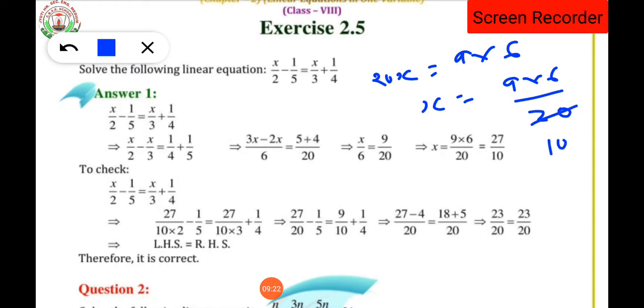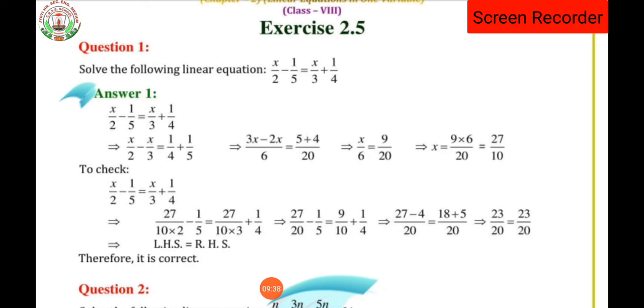Now 20 is in the table of 10 and 6 in the table of 2, so 20 cancelled by 10 and 6 cancelled by 2, isn't it? So 9 into 3 will be 27 by 10. So what is the answer we are getting? That is 27 by 10 we will get the answer.